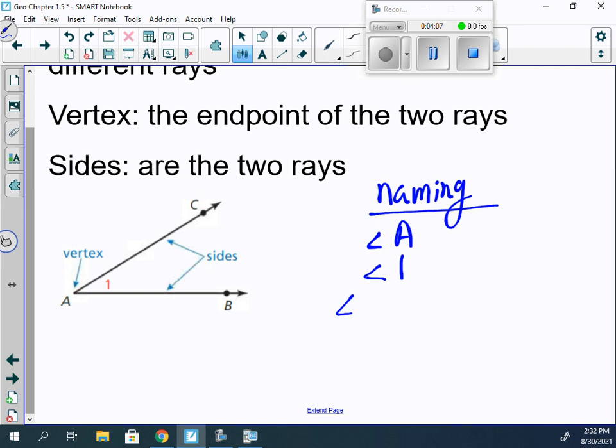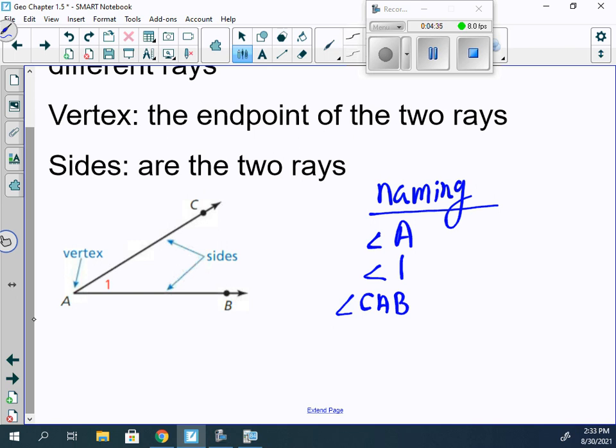Now, the other way is using the points. And the vertex will always be in the center. So we have a point C, vertex A, and point B. If you remember when we talked about naming polygons, this may seem very similar, because on a polygon we picked a point and then went around. So this is kind of similar because we picked a point C. We can't pick the vertex.